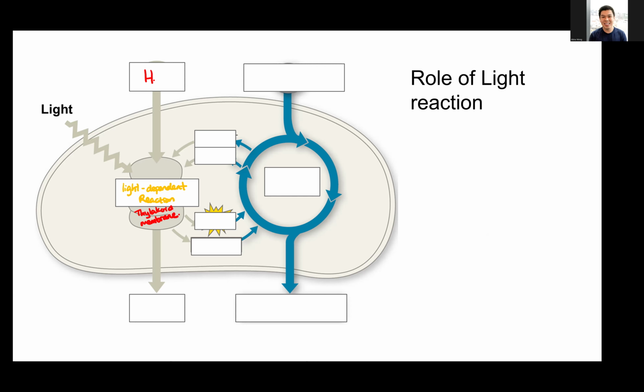It converts water into oxygen gas to replenish the electron that is being excited by light because of the presence of pigments. Pigments absorb the energy from light, excite the electron.